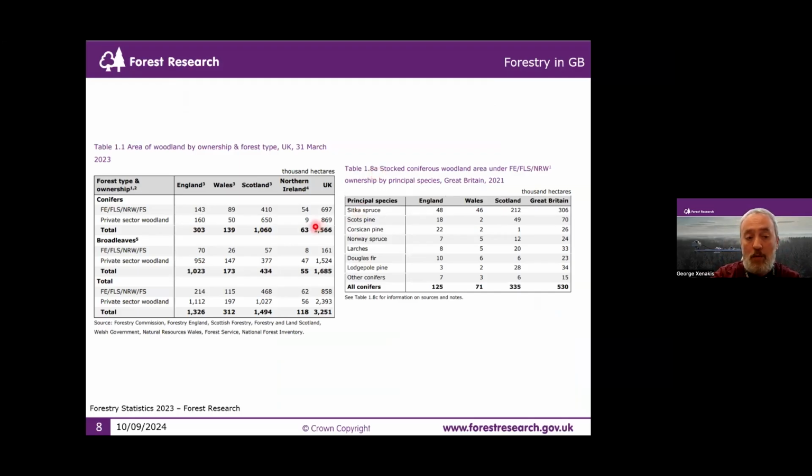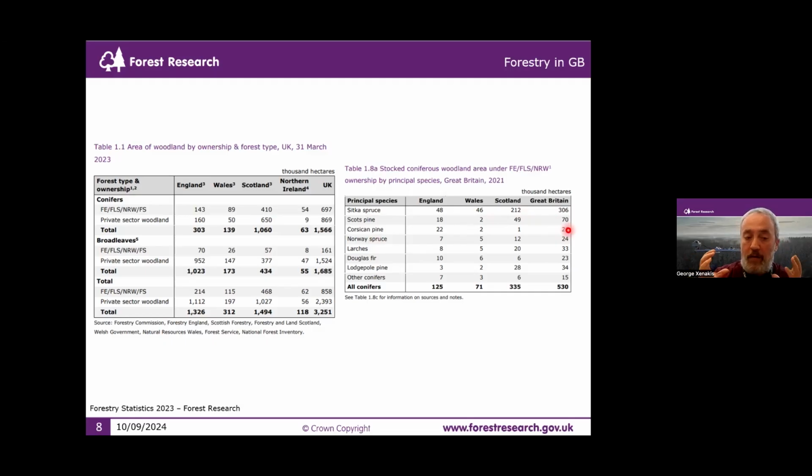As you can see, almost half of the land is covered by conifers. And if we look at the public forest estate, the land that Forestry England, Forest and Land Scotland and Natural Resources Wales are managing, more than half is one particular species, Sitka spruce.